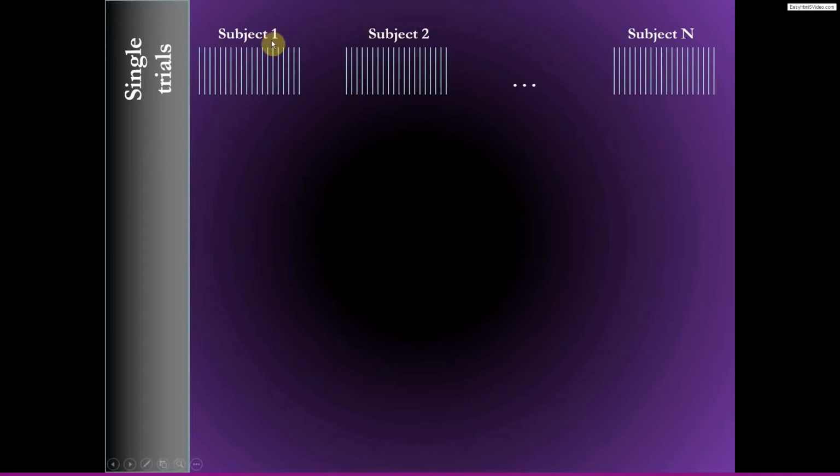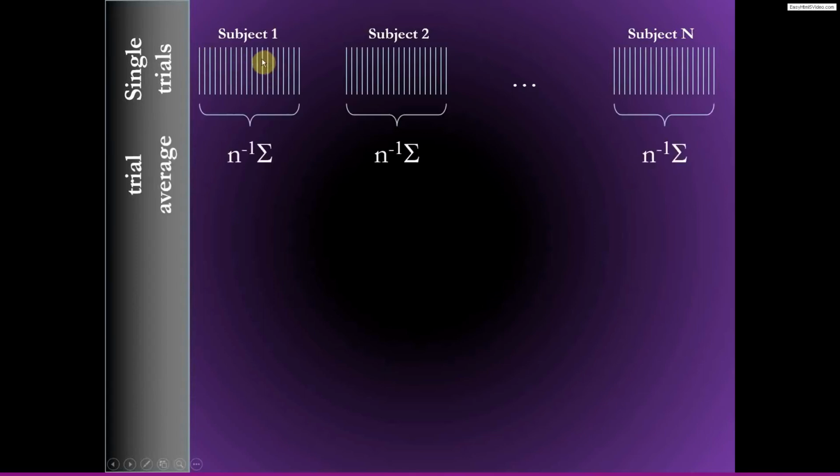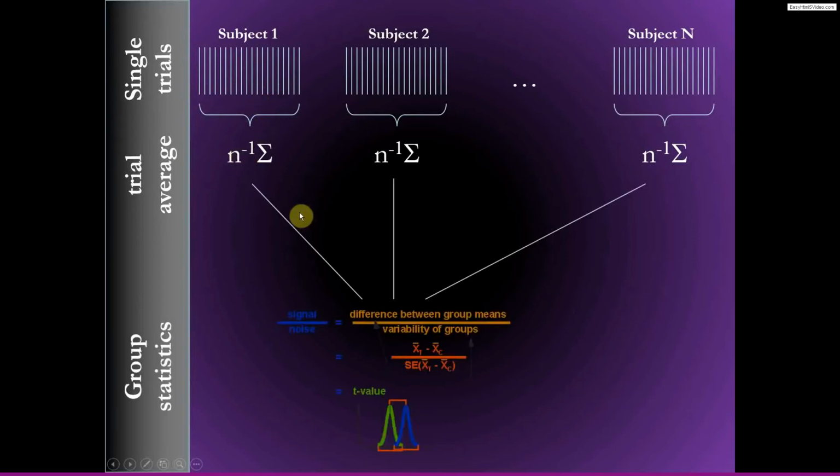Here we have n different subjects, and each vertical line represents data from a single trial within each subject. The standard thing to do in cognitive neuroscience is to average all of these trials together, so this would be from one condition.